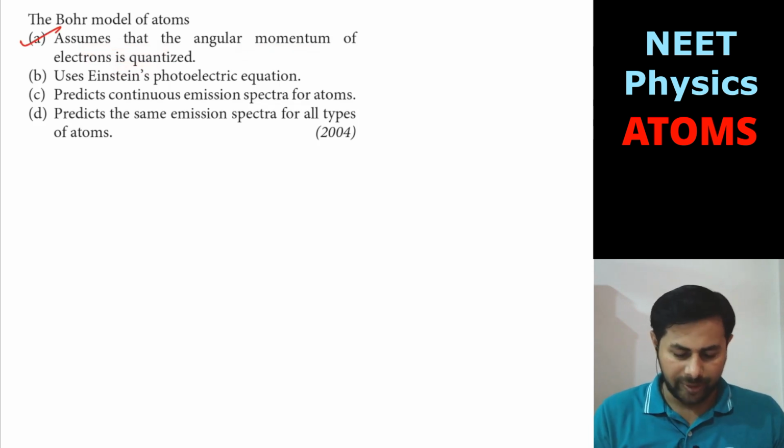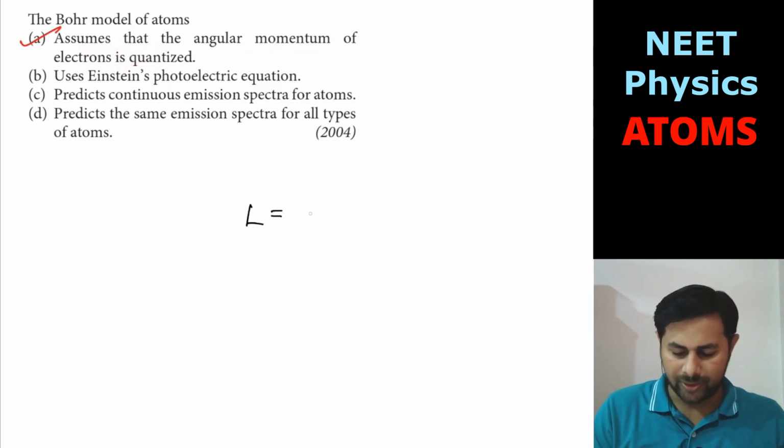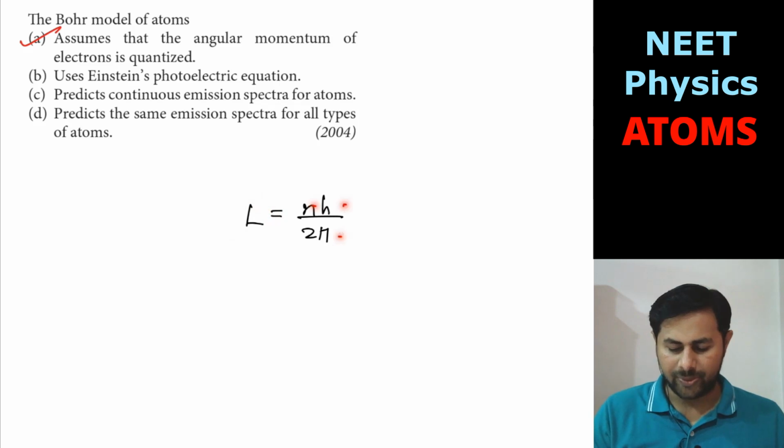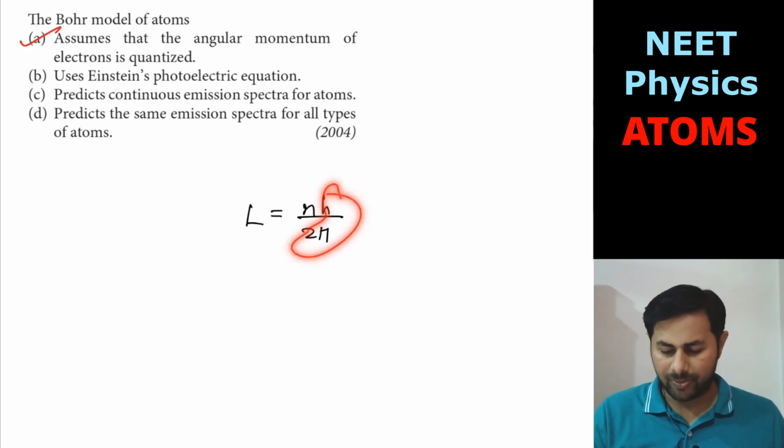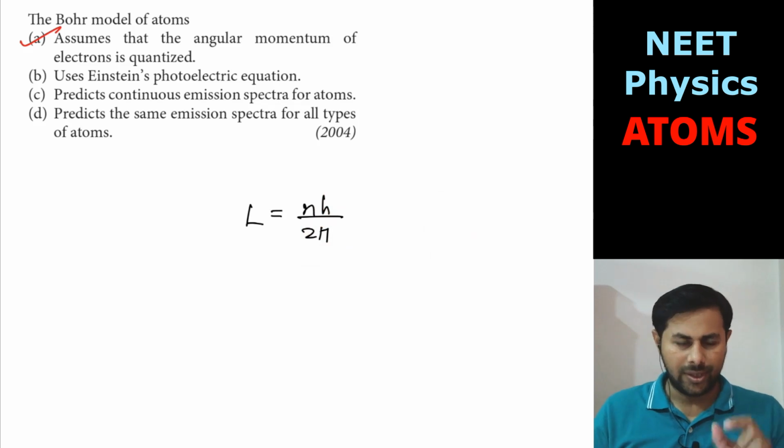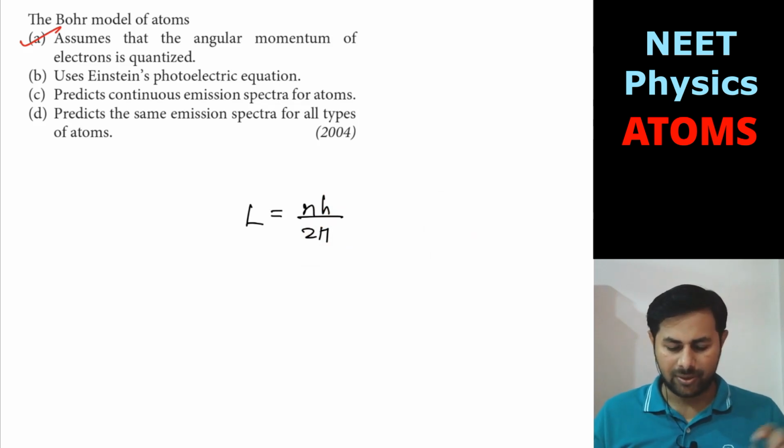So what do you mean by that? Angular momentum is equal to nh by 2 pi. Angular momentum of electron is nh upon 2 pi. So this is just n times h by 2 pi, right? It comes in a fixed quantity. Angular momentum in the nth orbit is n times h by 2 pi.